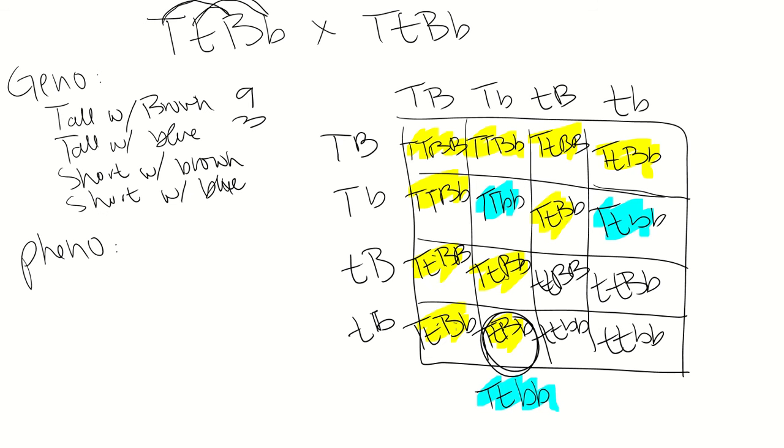Okay, what about short with brown eyes? We've got 1, 2, and 3. That should be 3. Oof, going a little quick today.